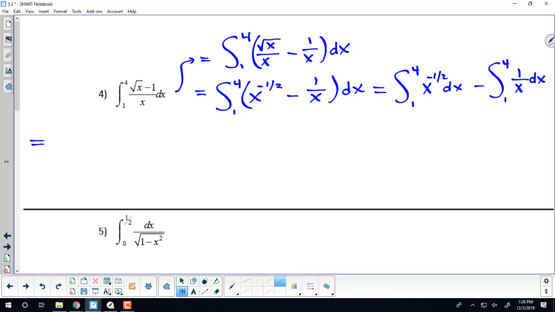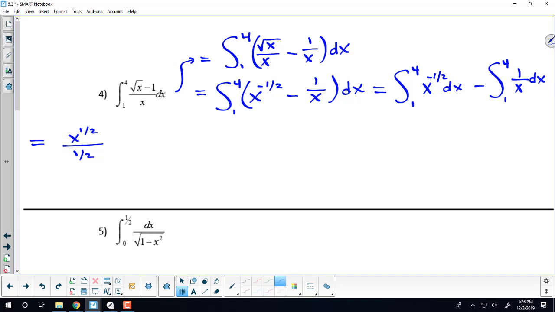It's just x to the 1/2. X to the 1/2? Am I going backwards with you? Yeah. Divided by 1/2, right? So we add one to the power, and then we divide by the same result. So it's x to the 1/2 over 1/2.